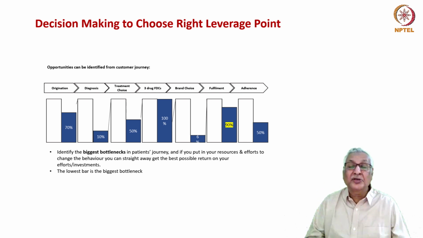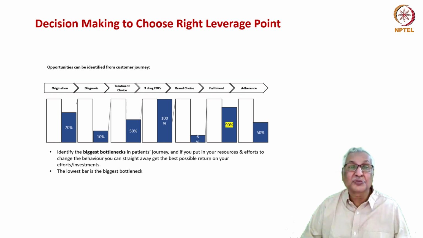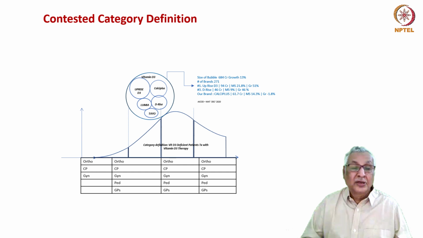So if you are able to increase that percentage from 6 to 60, your life is made as a marketing executive. But it's not going to be so easy because there are tens of brands which are competing for the same market space. And therefore, you look at the contested category definition.